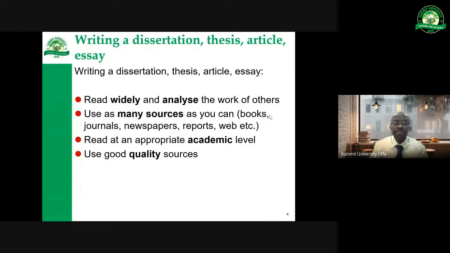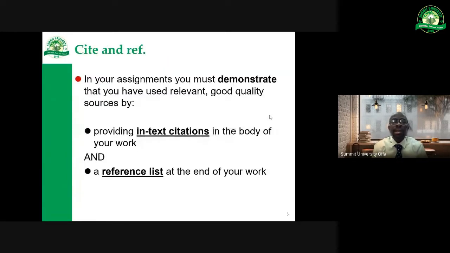So today is about citation and referencing. In your assignment, which may be your thesis or your papers, you must demonstrate that you have used relevant, good quality sources. And how do you do that? You provide what is called an in-text citation.